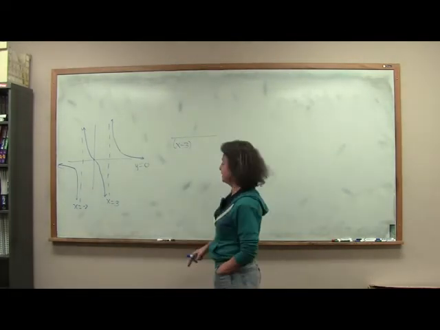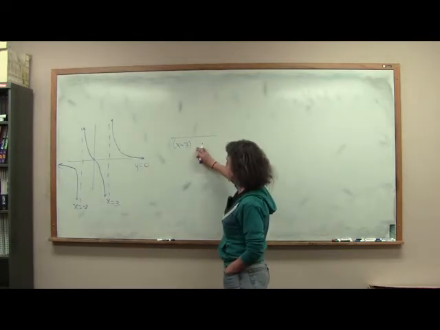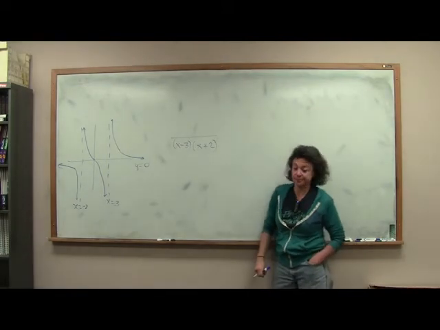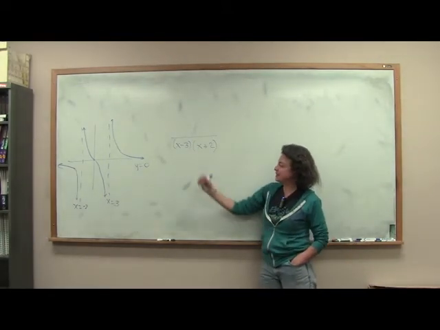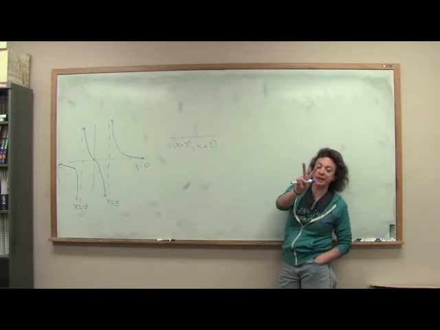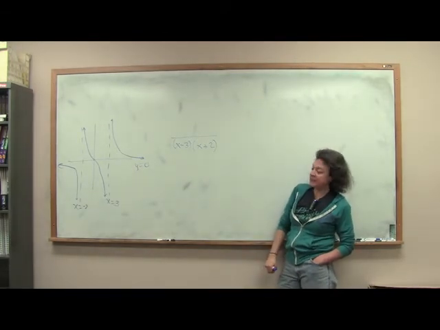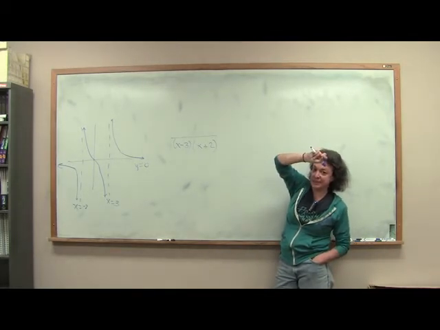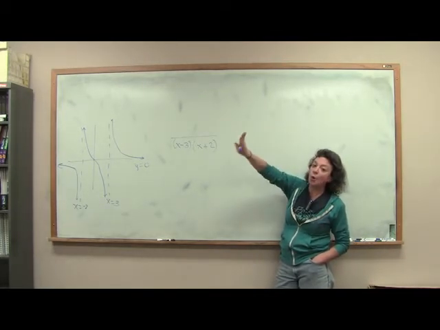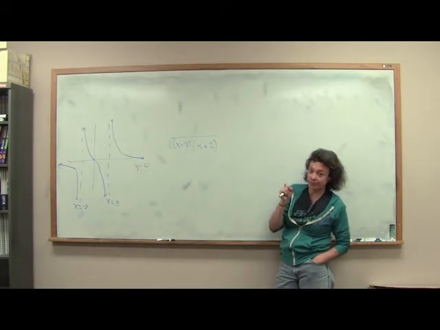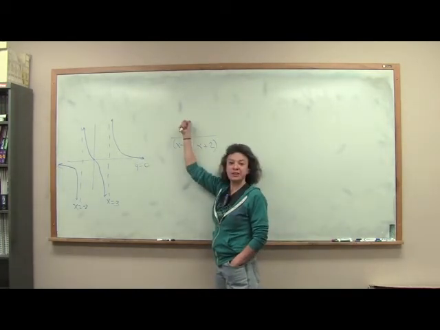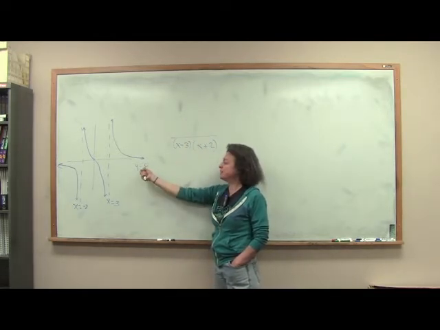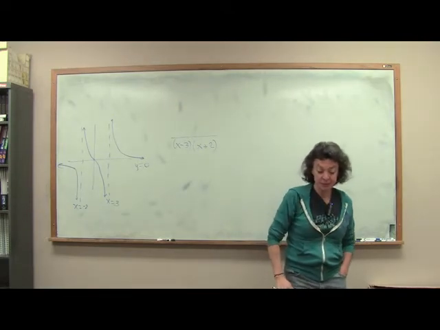If -2 is a 0 in your denominator, that means x plus 2 is a factor. Okay, notice I have a degree 2 in my denominator. That means that my numerator has to be degree 0, in other words, some constant, or it has to be a degree 1. Why? Because the degree of my numerator we know is less than the degree of our denominator, precisely because of our horizontal asymptote.